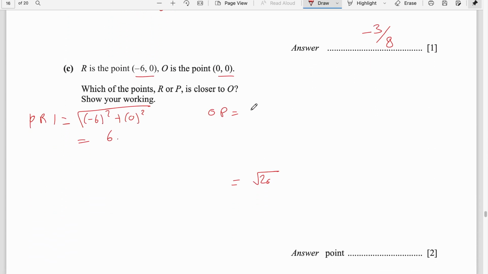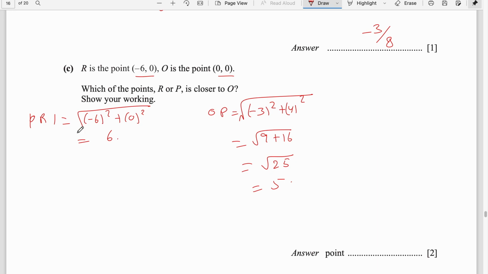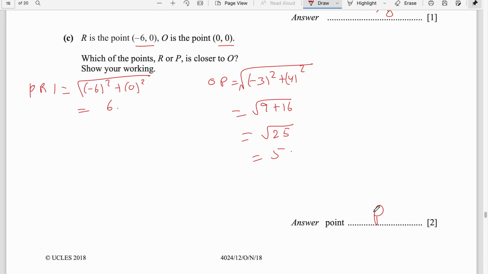So it is the square root of minus 3 squared plus 4 squared. 9 plus 16 is 25, and this is 5. So P is closer to O than R.